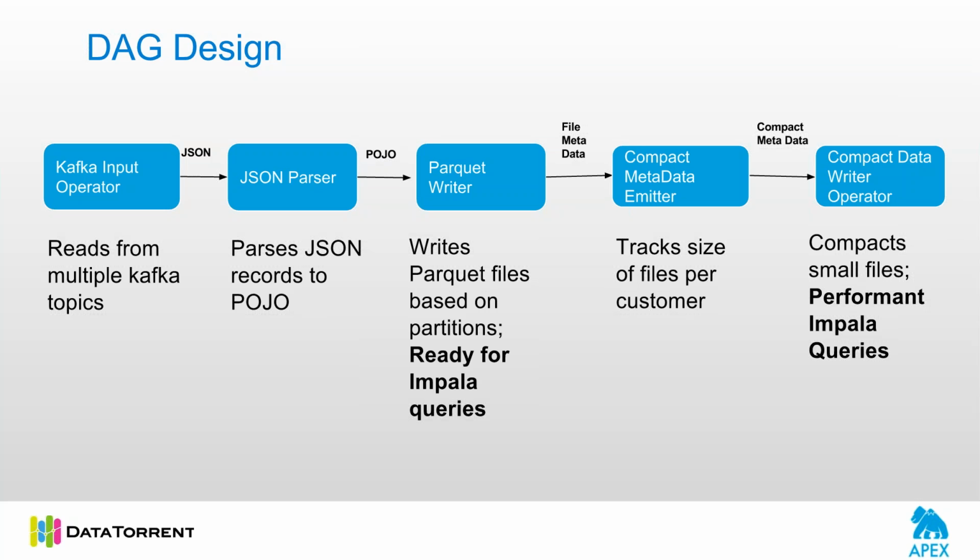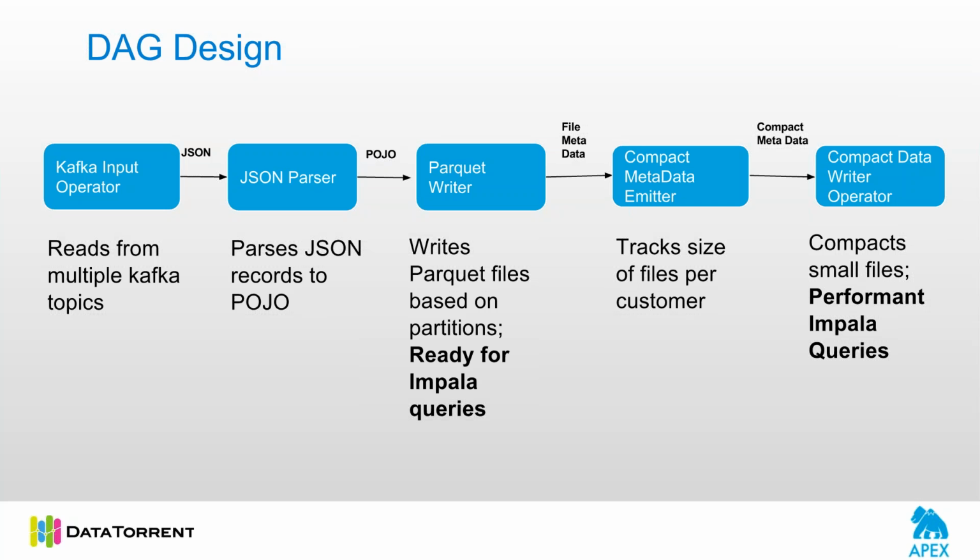At the start, we have a Kafka input operator which reads from a multiple-partition Kafka cluster and emits JSON as strings. Each operator in Apex has ports on which data is emitted. So this Kafka operator emits JSON records.